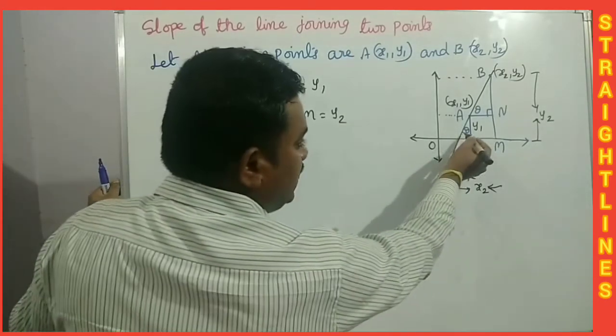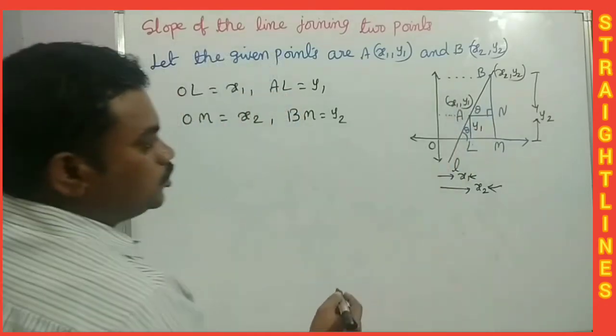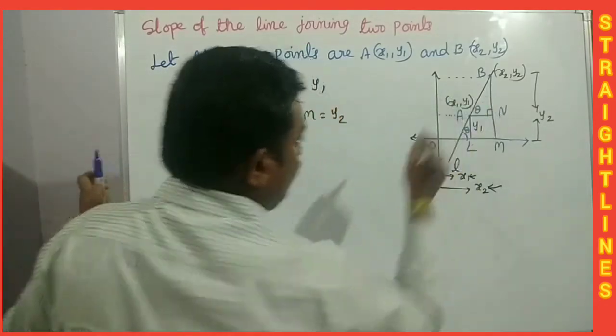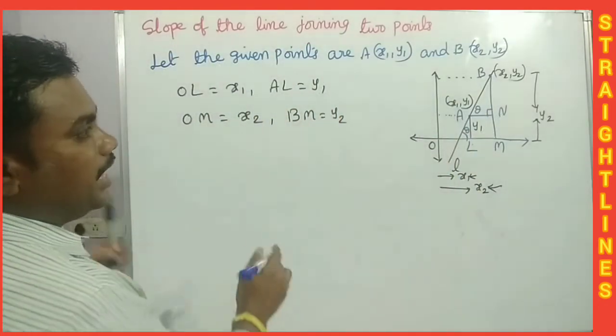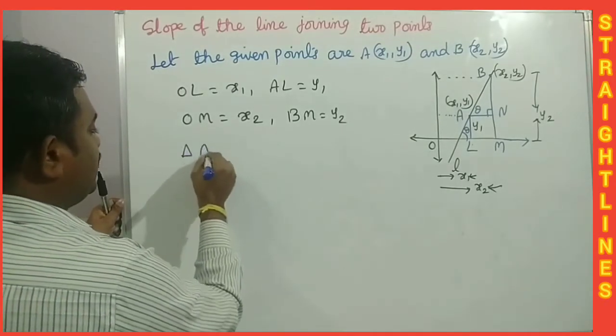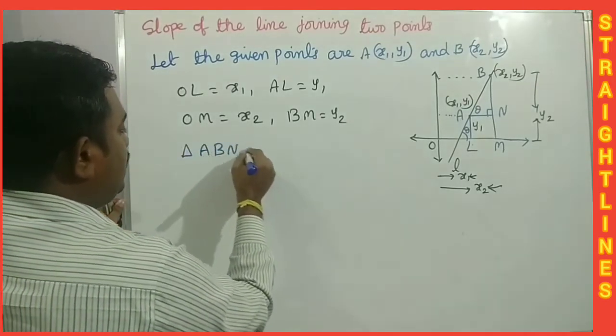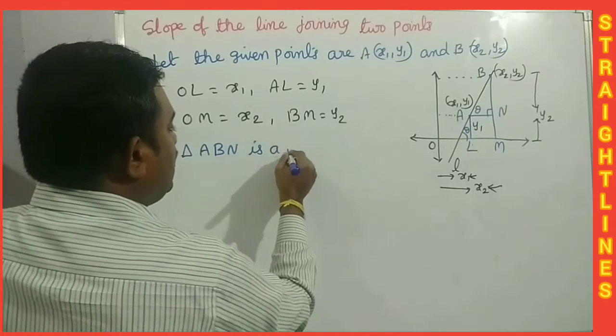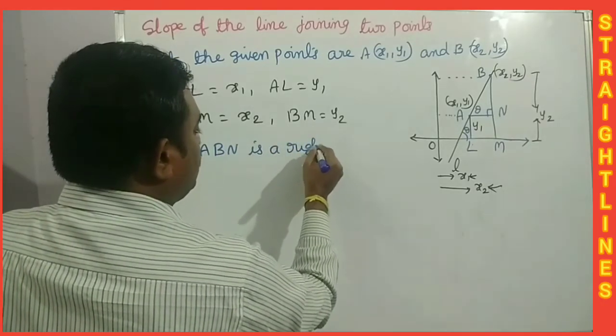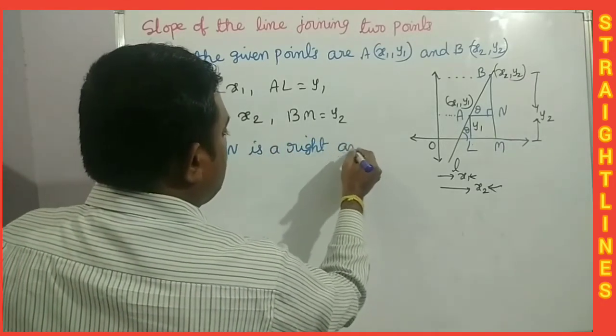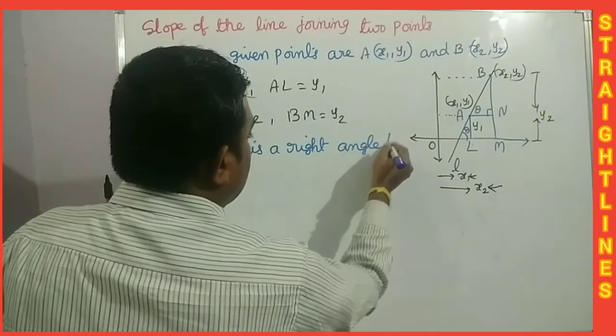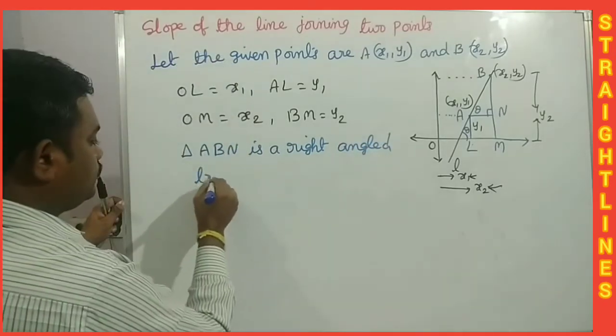Now theta is the inclination of the line. So this angle also theta only. You observe here, triangle ABN is a right angle triangle.